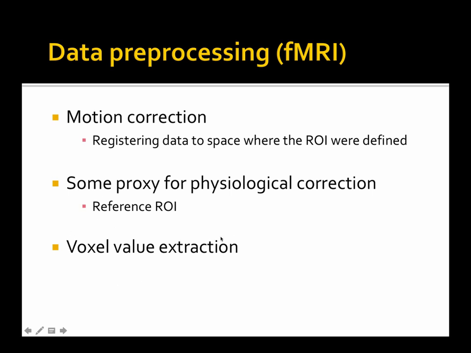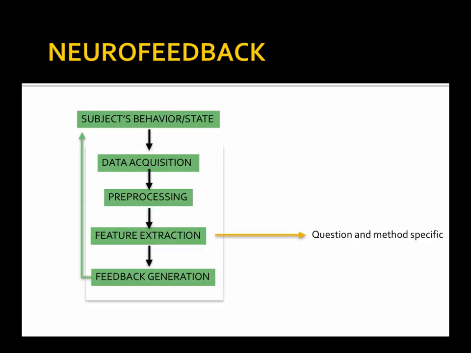And then once you have that, you can extract the values from the voxels and do different things, right? Just compute something on those voxels to extract a feature. What feature we are going to extract will depend on the question that you have as a researcher.